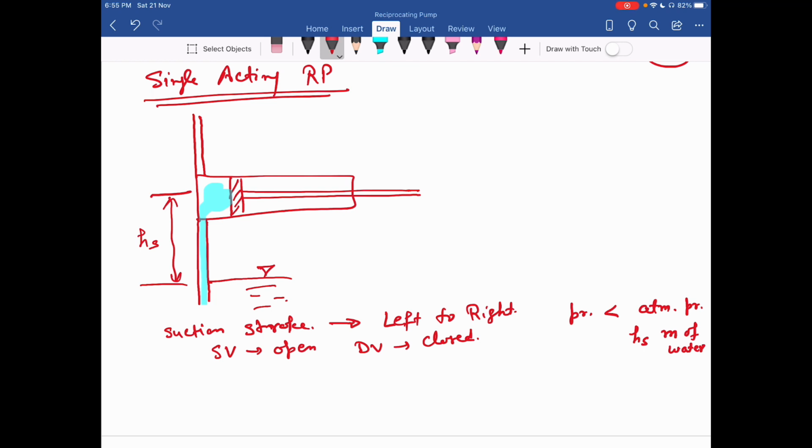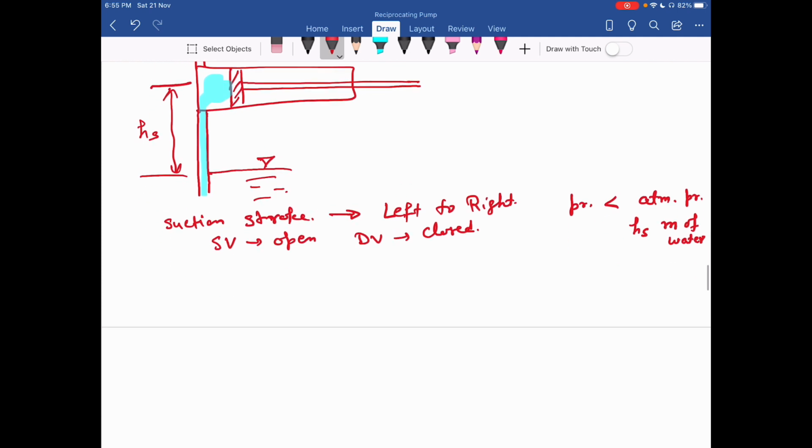Then during delivery stroke, my piston moves from right to left. At that very time my suction valve is closed, delivery valve is open.